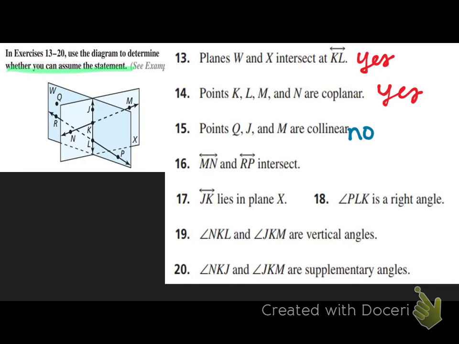The next one. Go ahead, Isabel. Line M and R intersect. Yes. Because there's no dot. So just intersect. But pause. Remember, what do the dots mean?